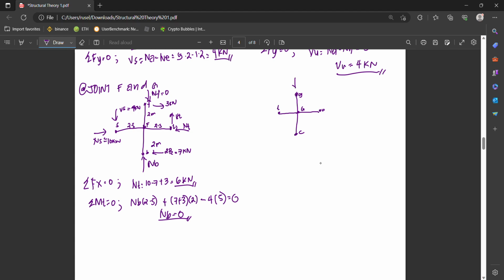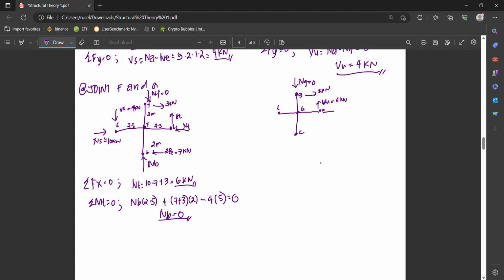Ayun. NG is equal to 0. Tapos may 3 kN ka. Then you have your VU na 4 kN.